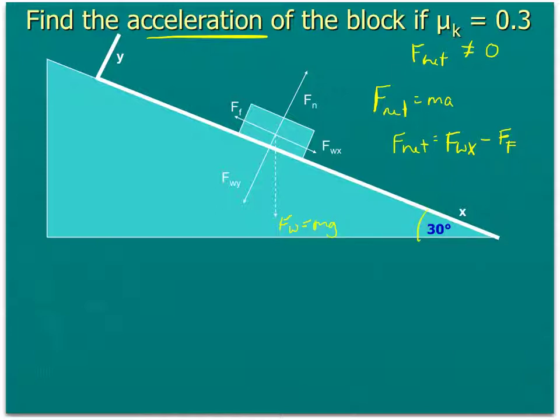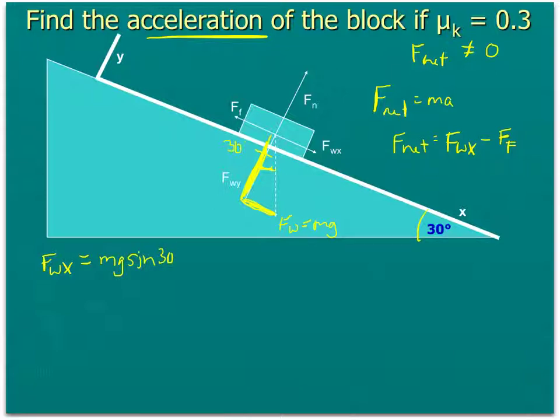And since I know the angle of the incline is 30 degrees, I also know that this angle is 30 degrees as well. So again, what that allows us to do is write two equations for Fwx, which we know is opposite of that 30-degree angle, and also for Fwy, which is adjacent to that 30-degree angle. So for Fwx, we know that that's going to be equal to mg sine of 30.